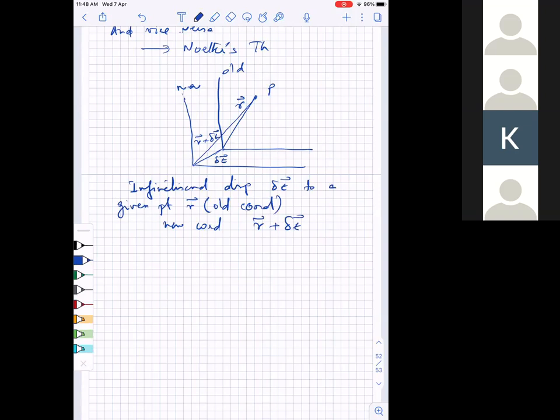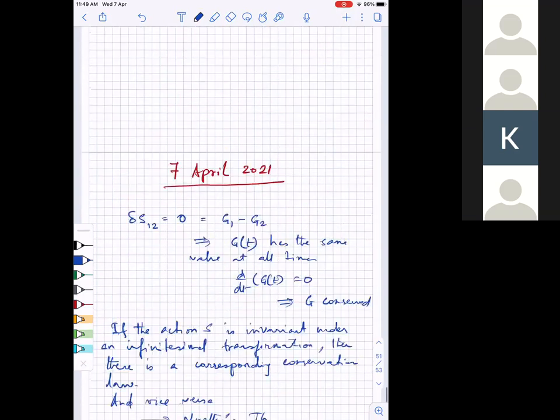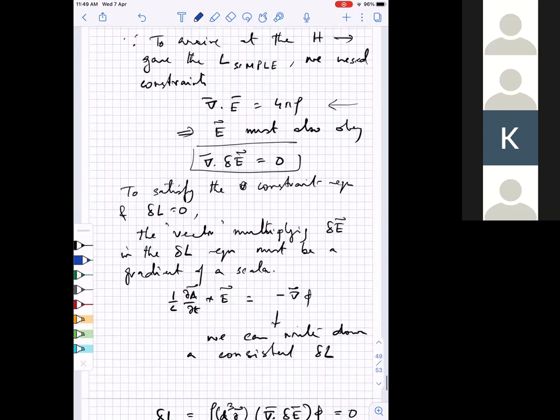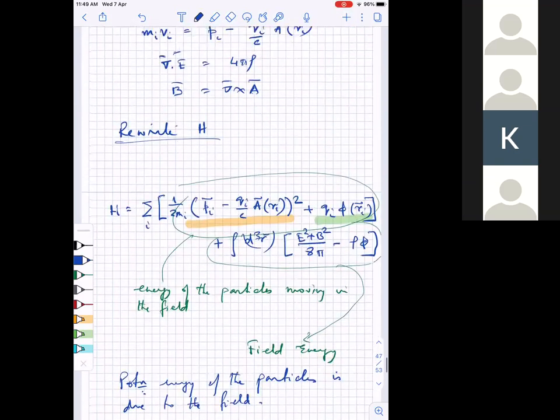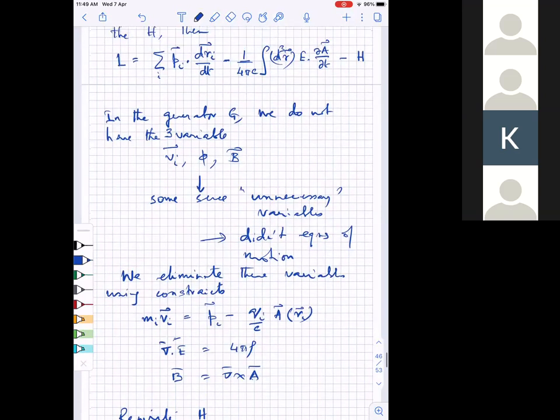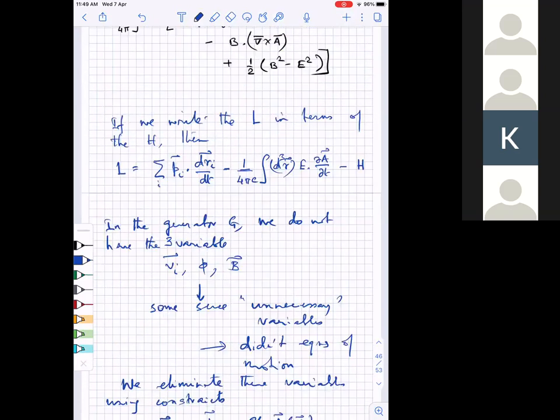Now, if you look at the Lagrangian, and the G that we had in the Lagrangian, let's go back and find it. This total derivative part over here.